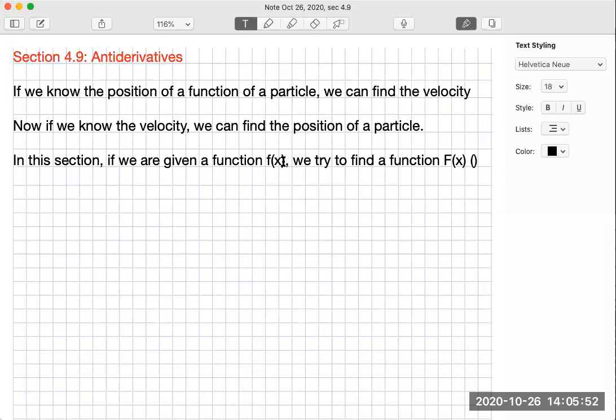If small f of x here is the velocity, then capital F of x here would be the position, right?